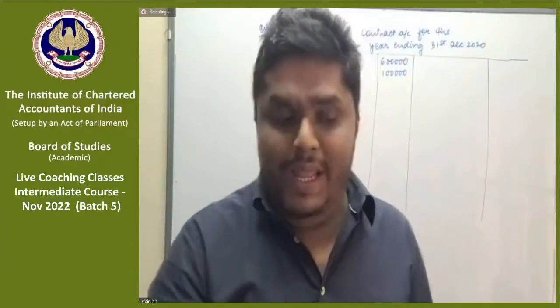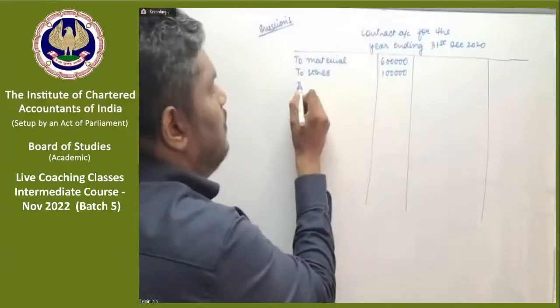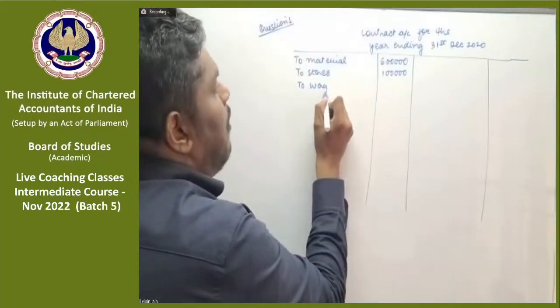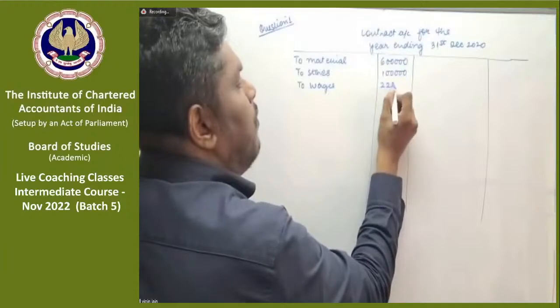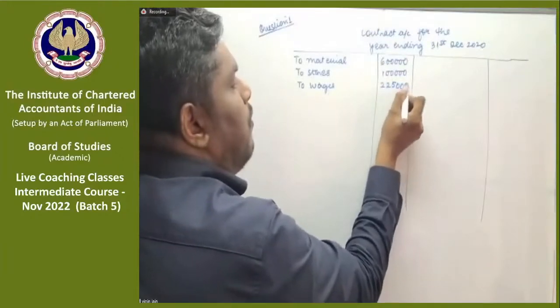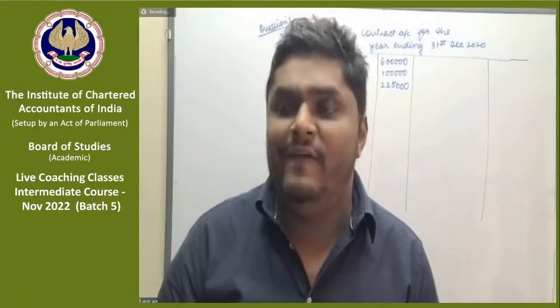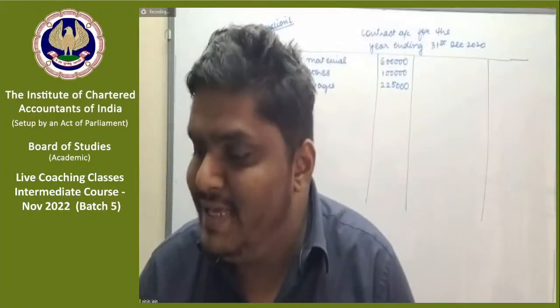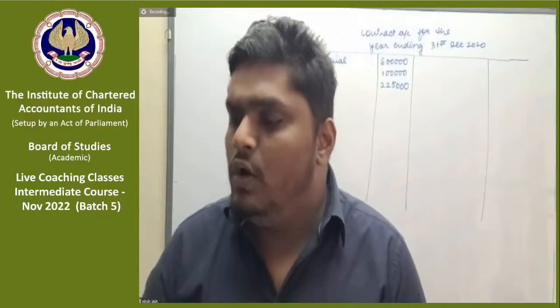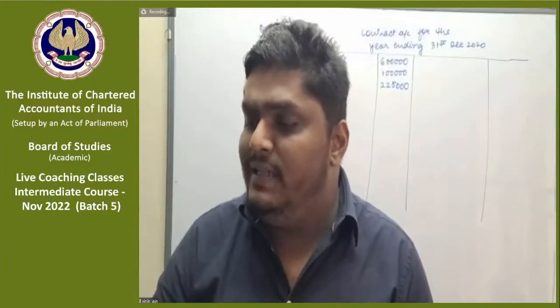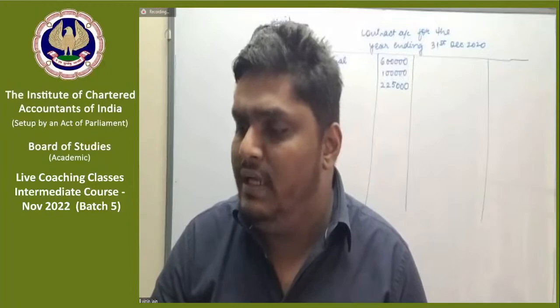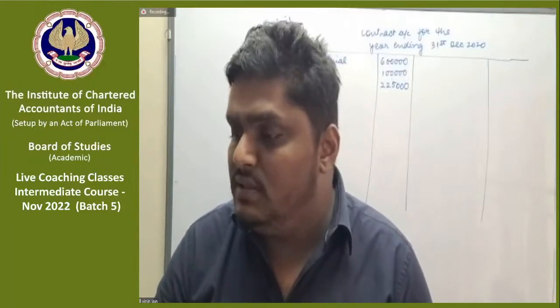Wages paid 2,25,000. Plant issued is 75,000. And very important, guys, it was also estimated that the value of the plant as on 31st December is 30,000.